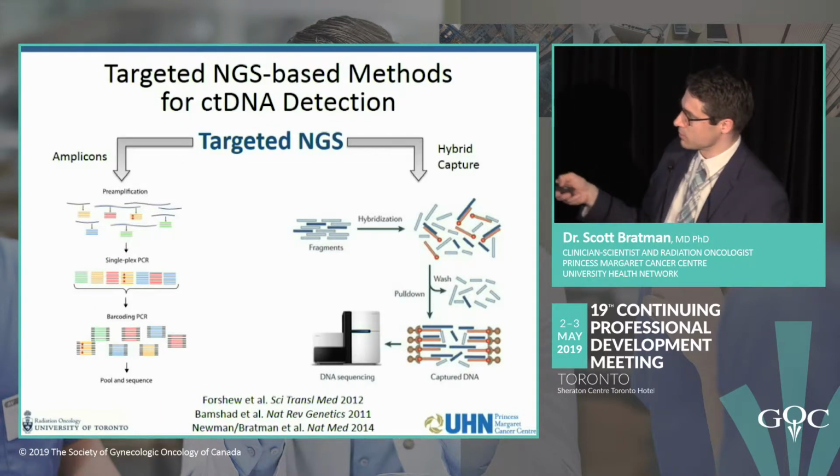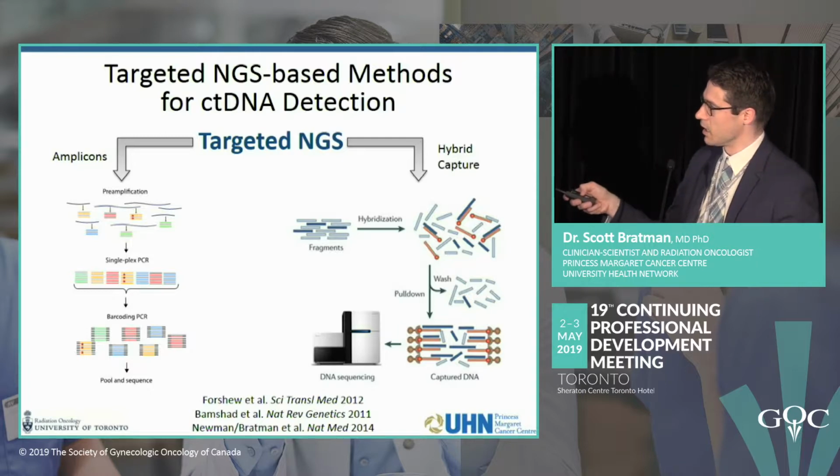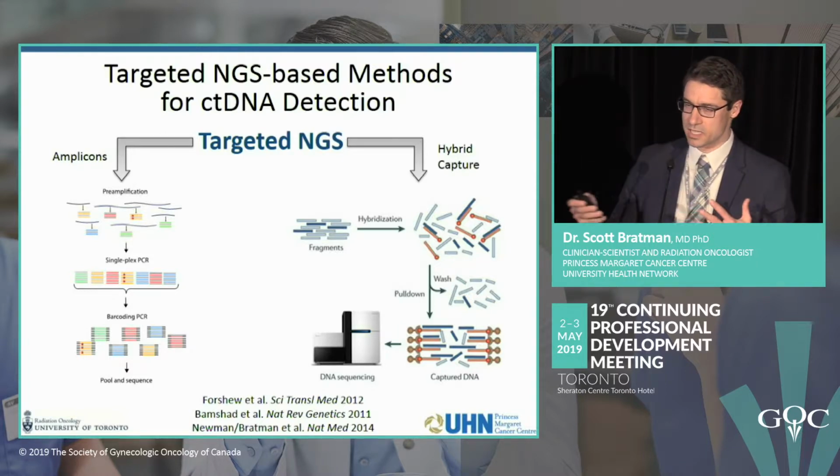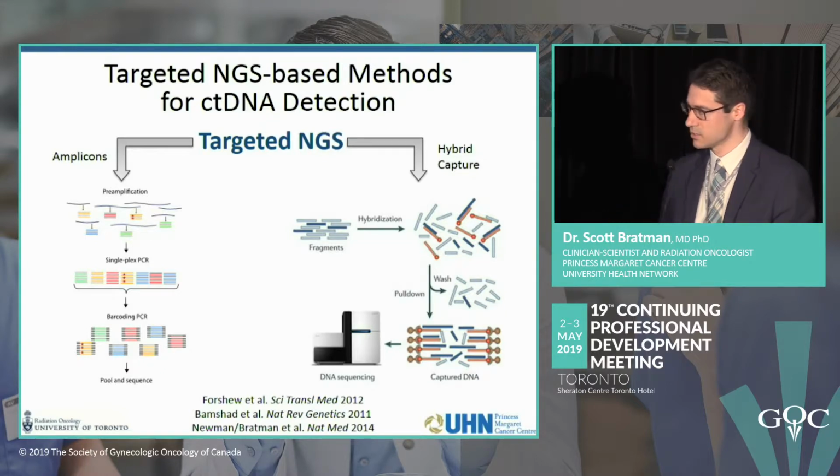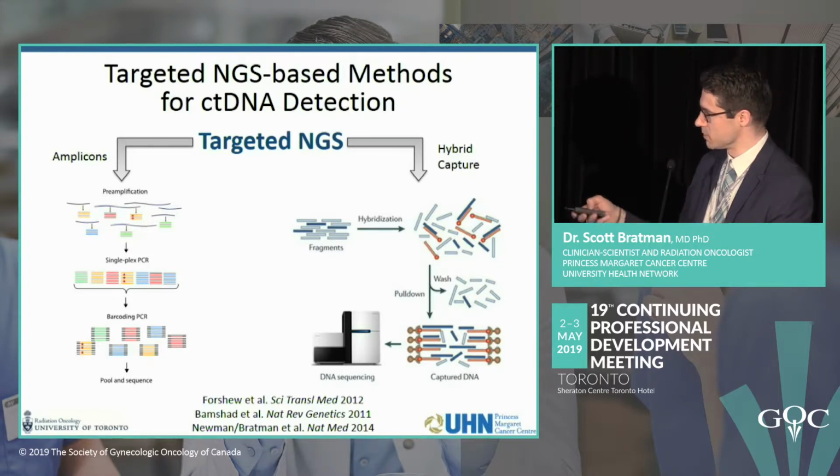Targeted sequencing, or next-generation sequencing, on the other hand, has the capability of interrogating many different markers simultaneously. That could be many different mutations, many different copy number alterations, or similar markers.